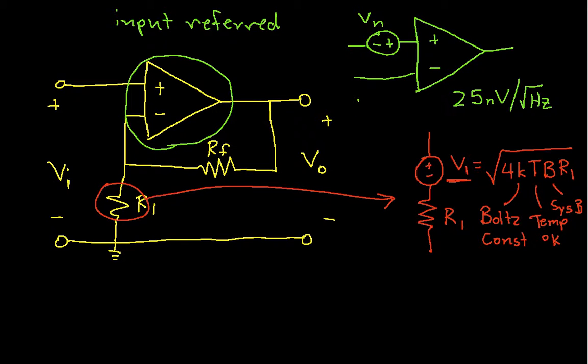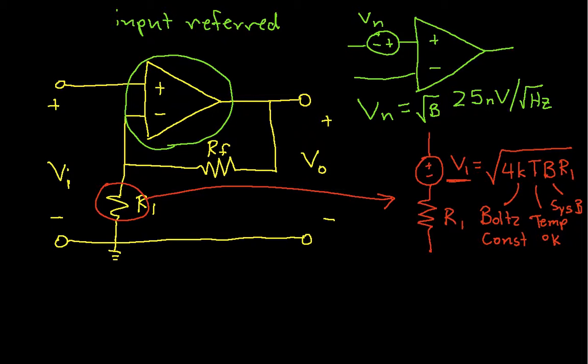So to actually get Vn, you take this noise specification and you multiply it by the square root of the system bandwidth. And that gives you then a voltage. Again, this is an RMS voltage because this is noise. At any given time, we don't know exactly what the value is. We just know its average power, and from that we can get an RMS voltage. That's pretty much the approach that we will use.